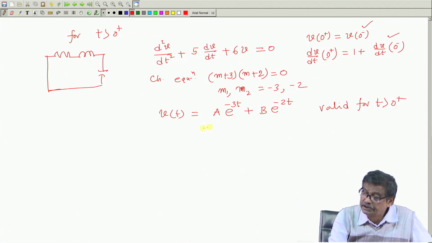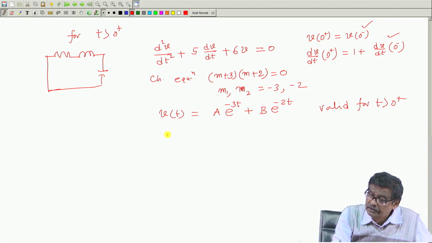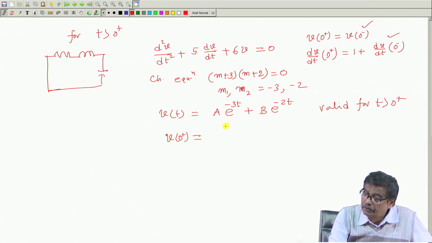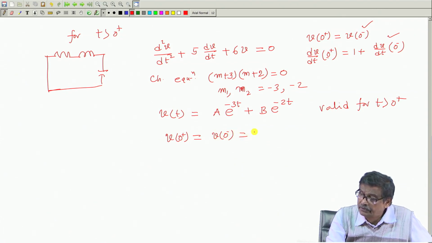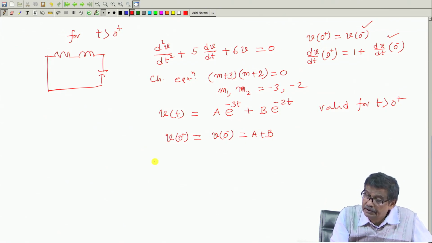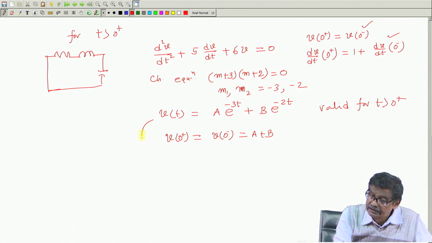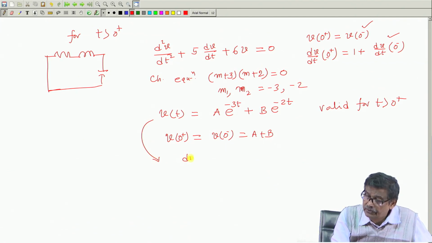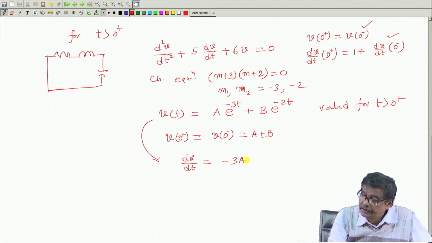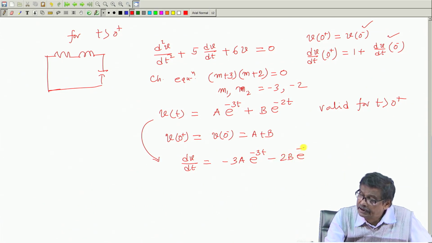Then apply these boundary conditions. V(0+) is V(0-), which is equal to A plus B. This will be one equation. The other equation comes from differentiating: dv/dt is minus 3A e to the power minus 3t minus 2B e to the power minus 2t.